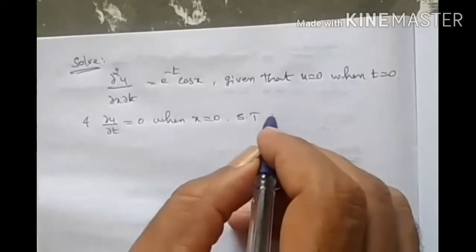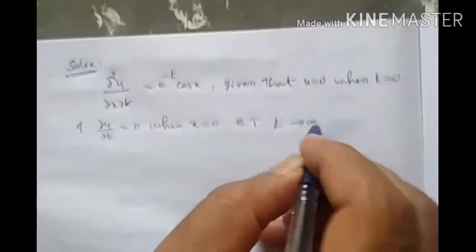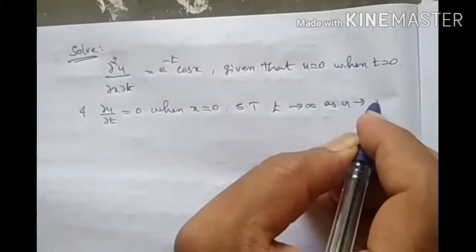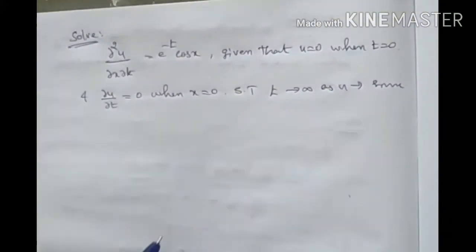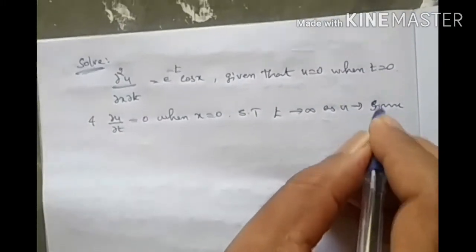Show that as t tends to infinity, u tends to sin x.